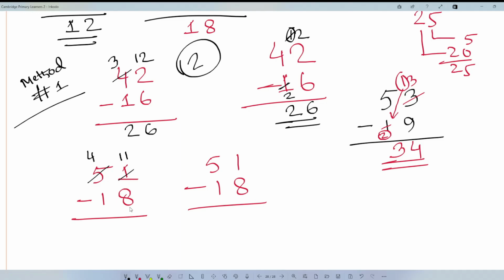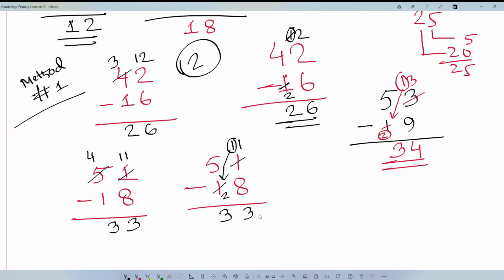So 11 minus 8 is a 3. 4 minus 1 is a 3. Okay, and here this one we consider this is 11. So 11 minus 8 is a 3, and this one we add with this one, so 1 become 2. So 5 minus 2 is a 3. So we are discussing two methods.